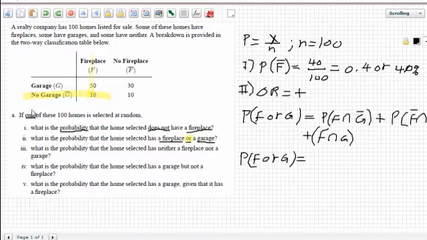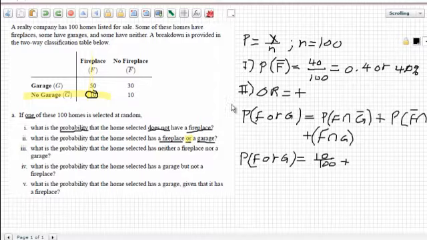That 10 over here is how many houses have fireplaces and no garages. So to calculate the probability of that, I'm going to use my probability formula again, which says that 10 houses out of 100 will give me the probability of finding a fireplace and no garage.